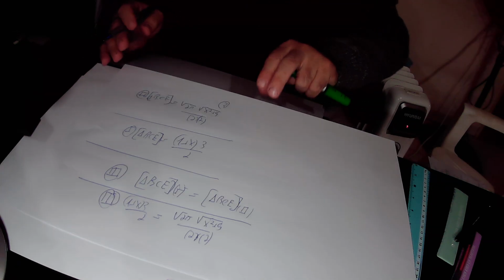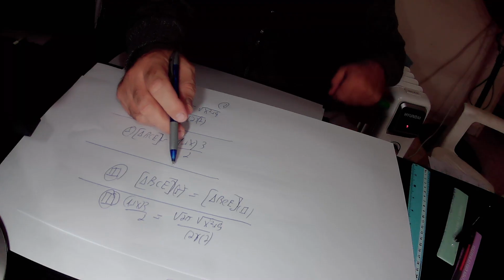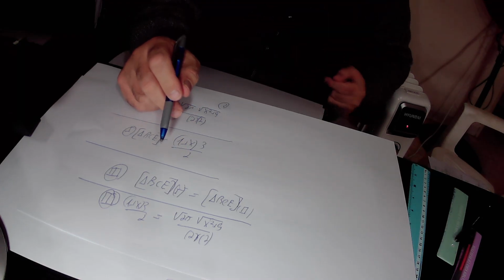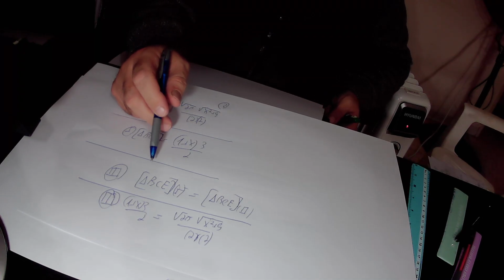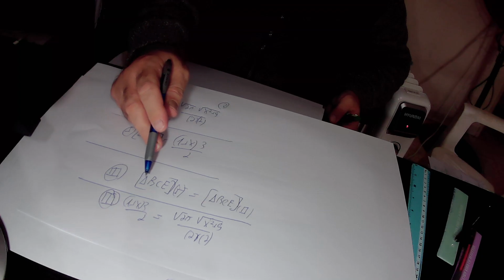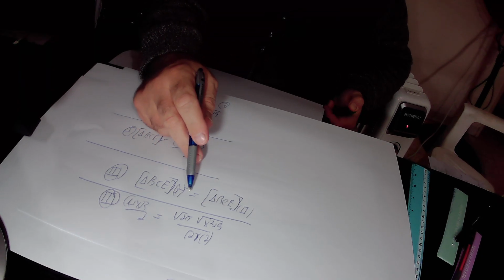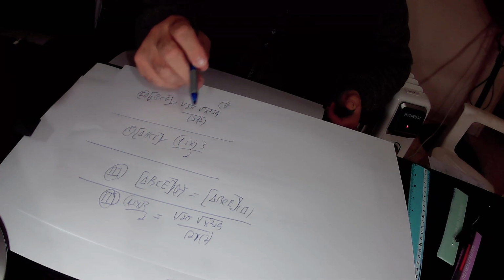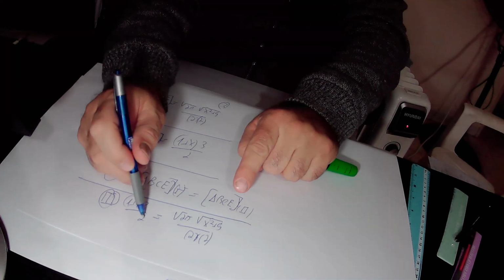So equation 3 says that the area of triangle BCE according to the first method must be equal to the area according to the second method. The first equals 1 plus x times 3 over 2, and it equals the square root of 20 times the square root of x squared plus 9 over 2 times 2. Here we have 2 on both sides of this equation, so 2 will get cancelled.